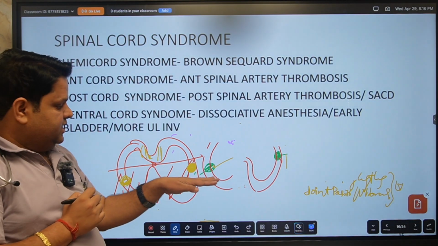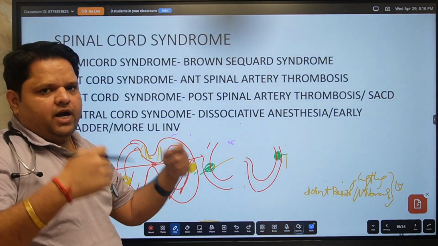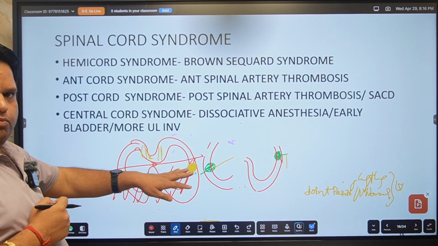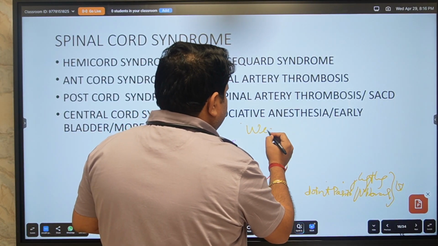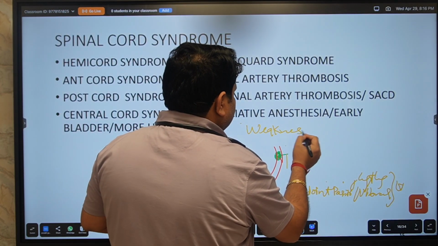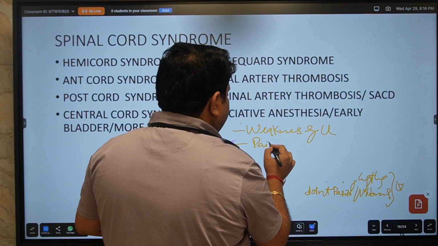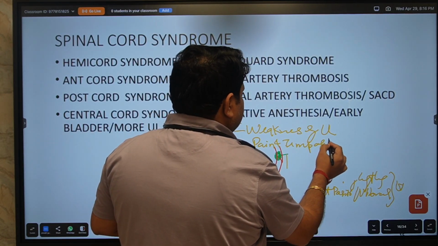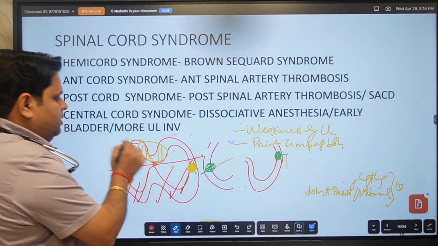So if there is a lesion in the anterior cord, which is seen due to anterior spinal artery thrombosis, this will cause weakness of both lower limbs, with loss of pain and temperature on both sides, but sparing of the posterior column.